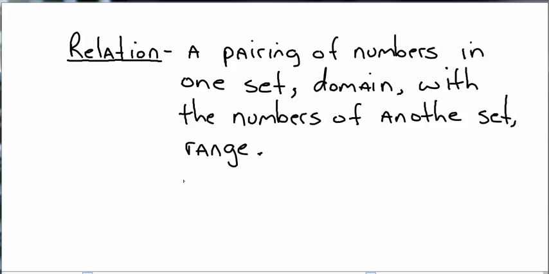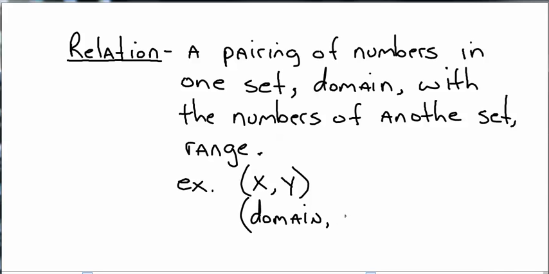So an example would be like x and y. And remember last week, what did we say that the x was? Good, the domain. And the y was the range. Had another name for it.